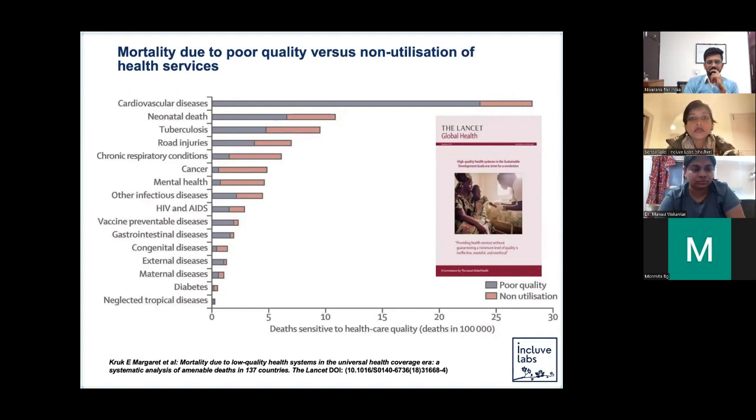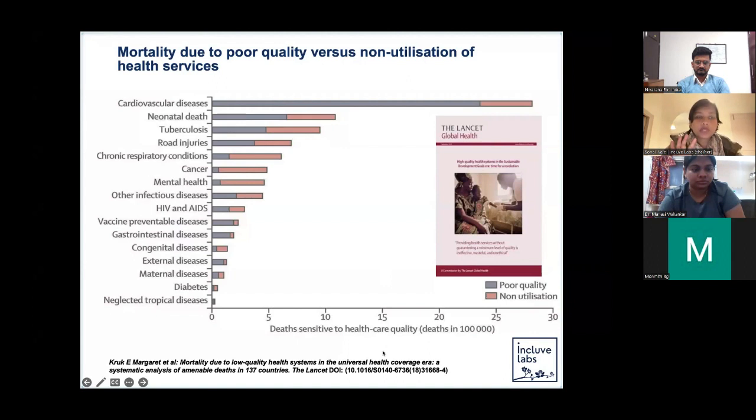So this screen shows a graph from a report that was published in the Lancet in 2018. This is all in the Google Drive folder. In 2018, 3 major reports came out on the state of quality of health services globally. And this was in a large number of countries, 137 countries, low and middle income countries. The blue is quality and the red is access.